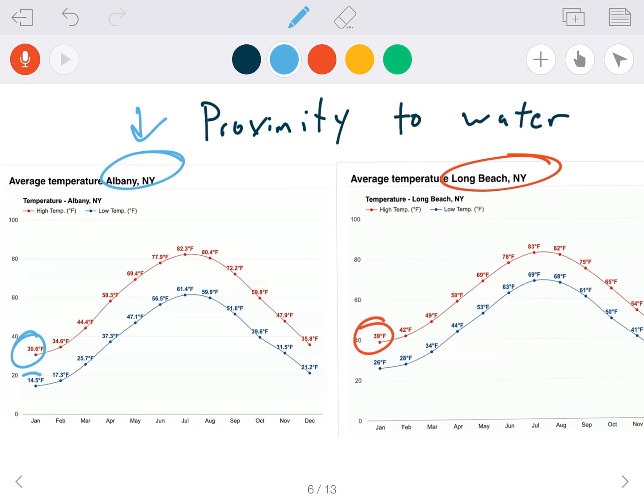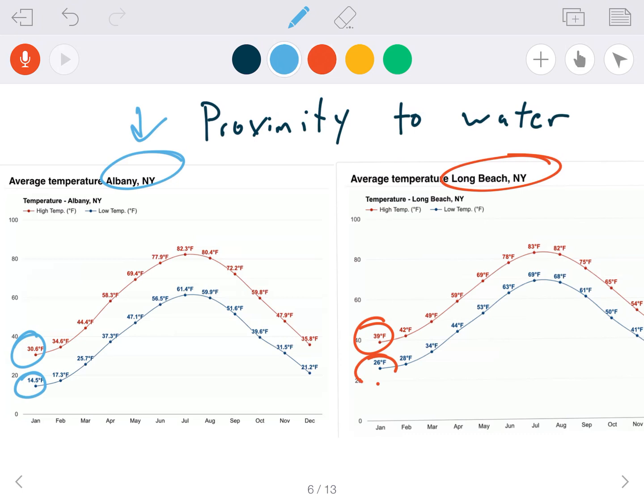Albany had a low of 14.5 whereas we only had in Long Beach or Rockville Center might have only had 26-degree low. So the disparities between each day are much different. And then the disparities between, we'll do the highs of each, the highs of Long Beach and the highs of Albany are much different.